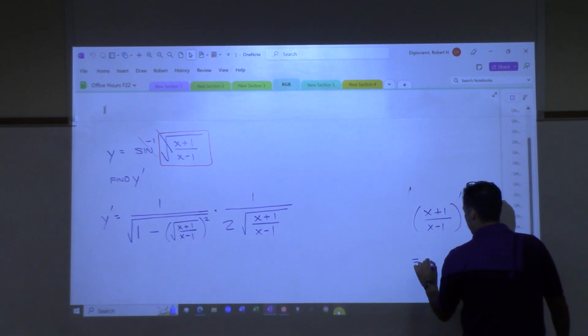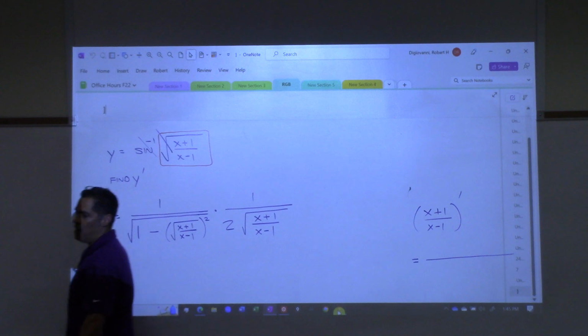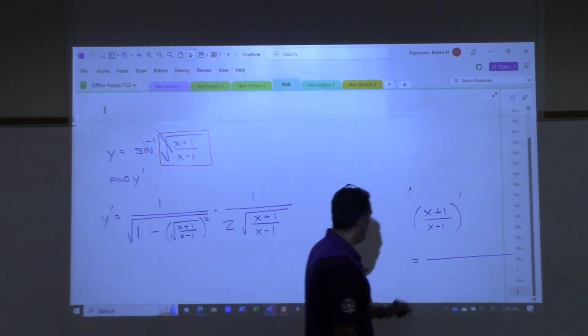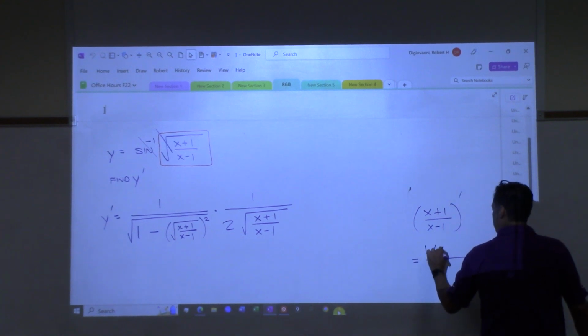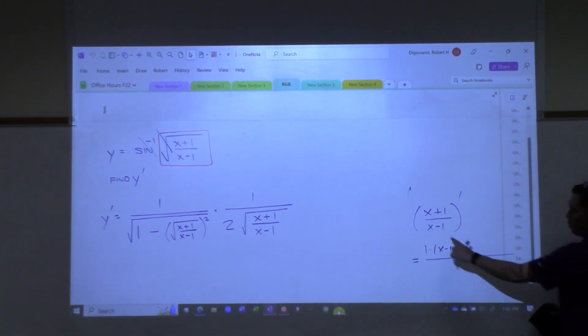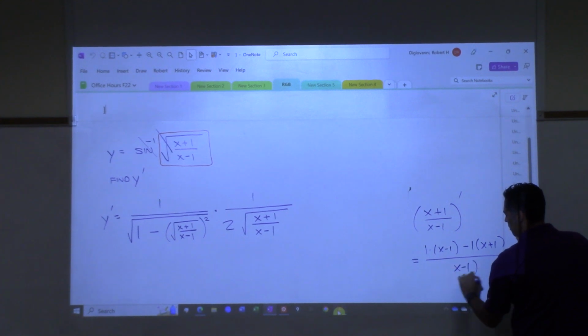It's the derivative of the top times the bottom minus the derivative of the bottom times the top, over the bottom squared. What's the derivative of the top? 1 times the bottom, x minus 1, minus the derivative of the bottom, which is 1 again, right, times x plus 1, all of that over x minus 1 squared.